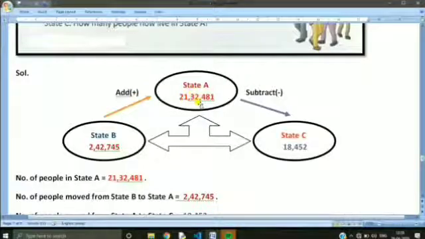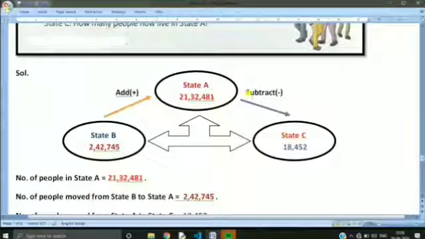Now next, from the total number of people who are in state A, 18,452 people moved from state A to state C. From state A they have diverted to state C. So here in state A there will be a reduction, the number will be decreasing.